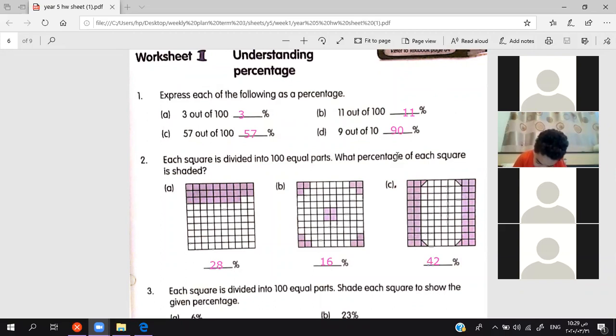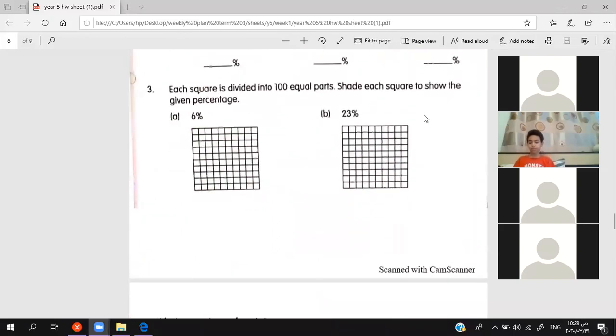Excellent. Now let's go to number 3. He's asking you to color the percentage. 6% means 6 over 100, so I will color 6: 1, 2, 3, 4, 5, 6, like that.